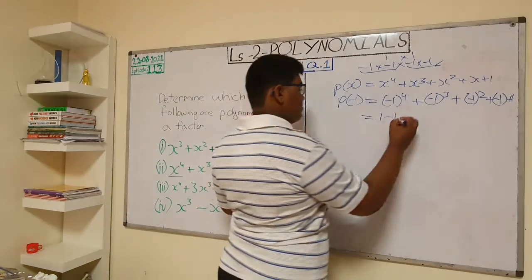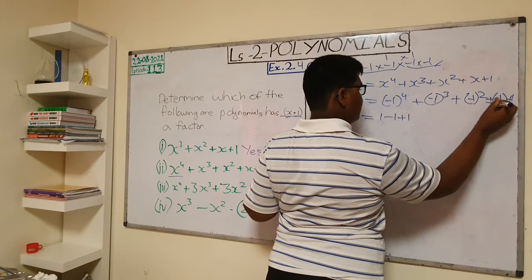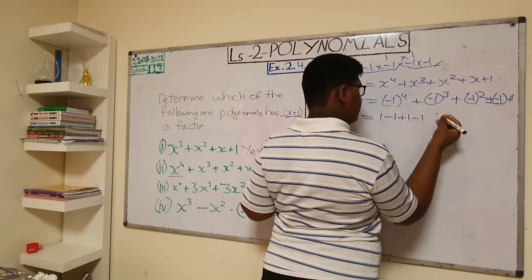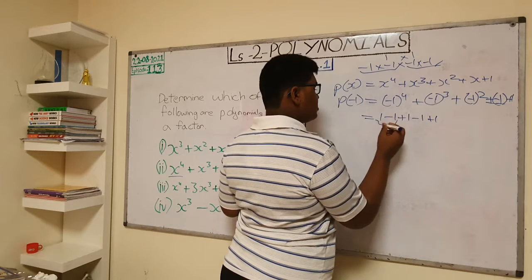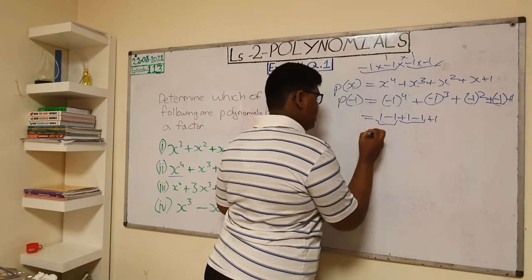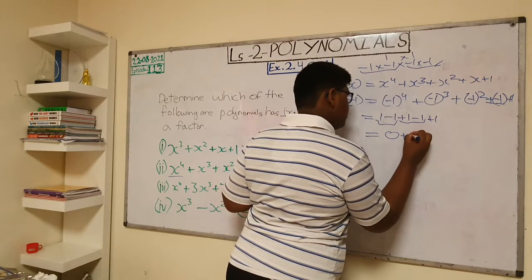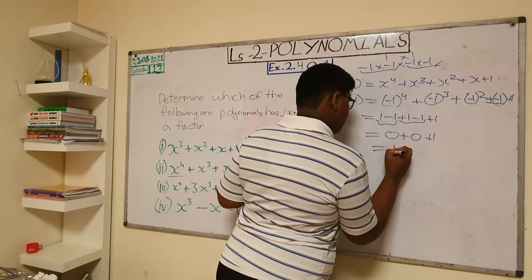So here also that will be 1. Plus, here we are having different signs, so that will be minus 1, then plus 1. Okay, now 1 minus 1 will be 0. Then plus 1 minus 1 will also be 0. So 0 plus 0 plus 1 is equal to 1, right?